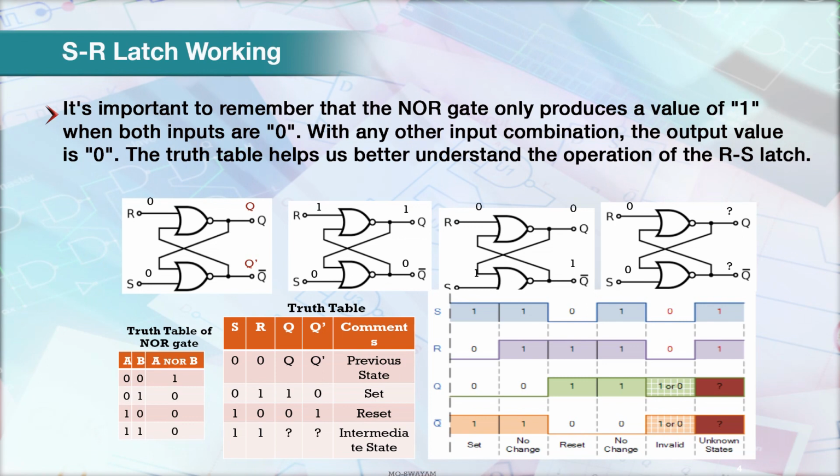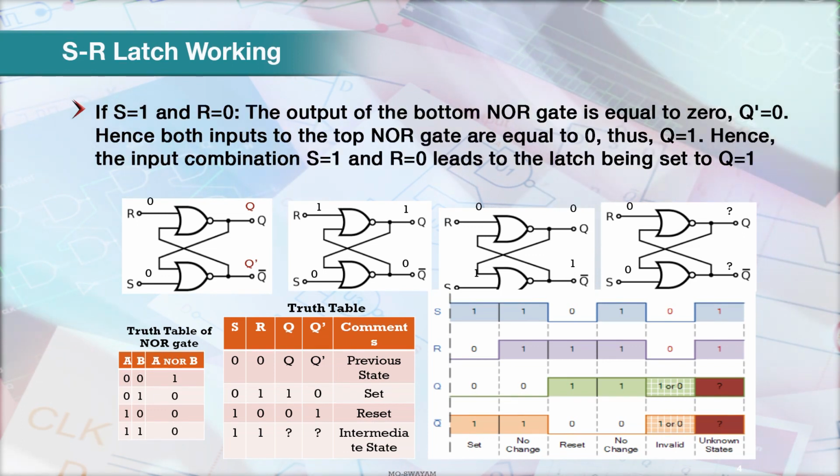The truth table helps us better understand the operation of the RS latch. Here we will discuss the different conditions under which the latch is set or reset. If S is equal to 1 and R equal to 0, the output of the bottom NOR gate is equal to 0, Q dash equal to 0.